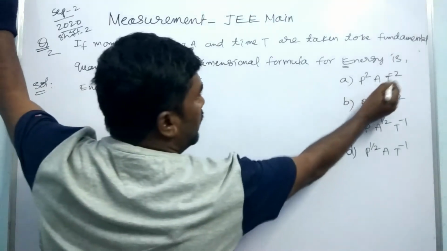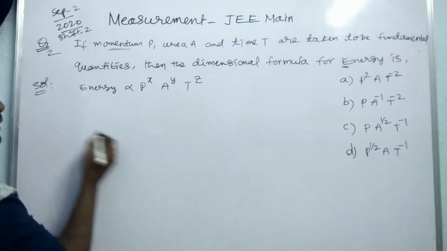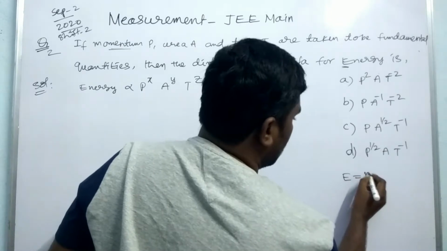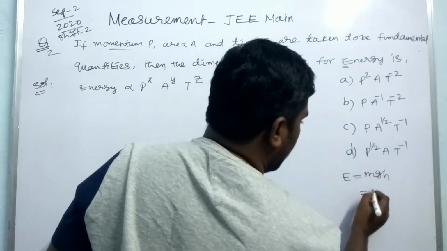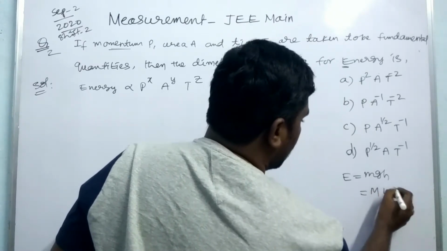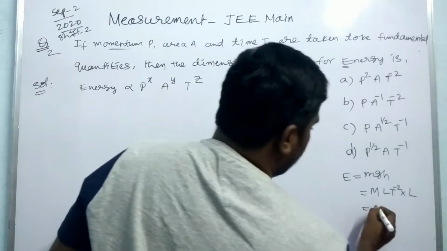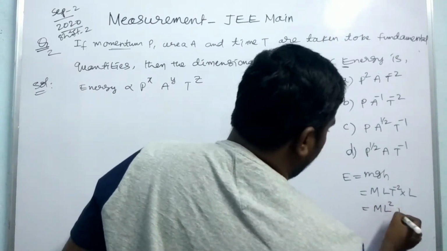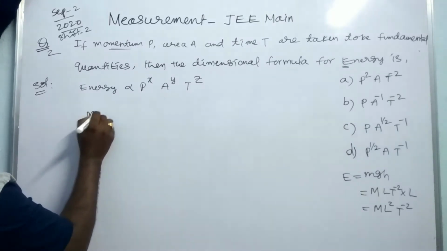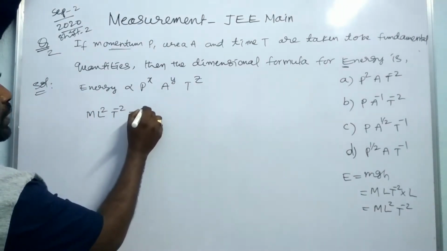So the dimensional formula of energy E is equal to mgh, m is mass, g is acceleration due to gravity, L t minus 2, h is the height, that is L. Then you can write m L2 t minus 2 equal to P power x.